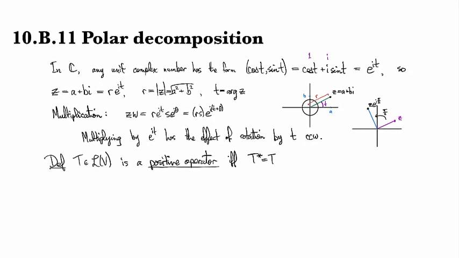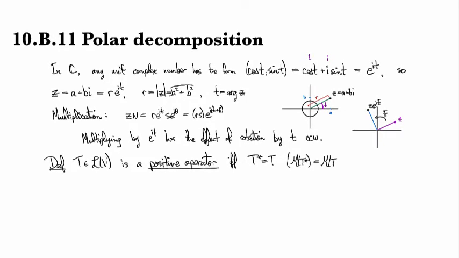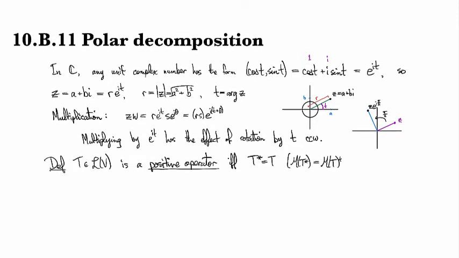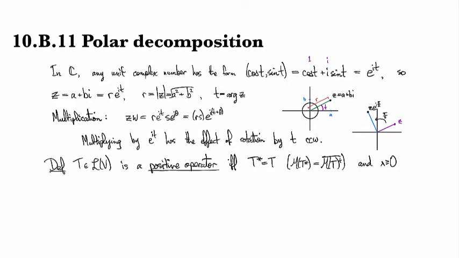So you can think of this as the matrix of T star needs to be equal to the conjugate of the transpose of the matrix of T, and that the eigenvalues are non-negative.